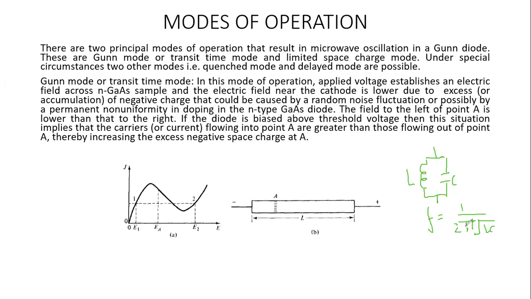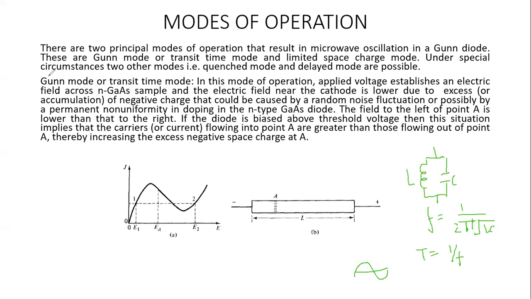This is the frequency at which it is going to operate. Since there is a frequency, there will be one fixed time period, which is 1 by F, the period of this cycle.